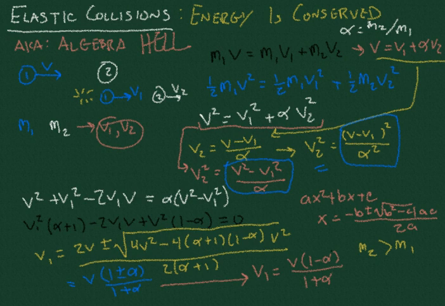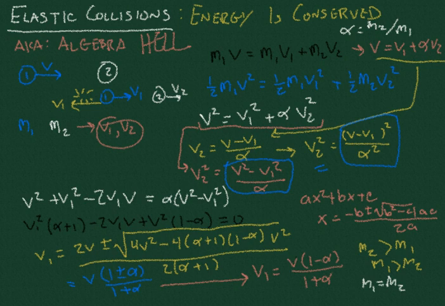So if mass 2 is greater than mass 1, then our final velocity v1 is going to be to the left. If, however, mass 1 is greater than mass 2, then this is going to be positive, and so it's going to be moving to the right. And then we have the special case where mass 1 equals mass 2. In that case, alpha is just equal to 1, so v1 is 0.